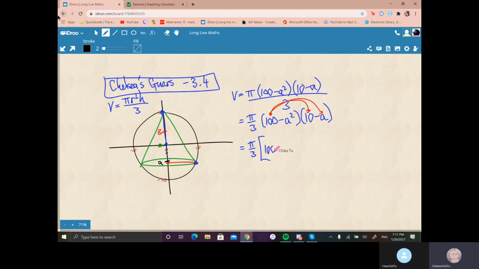This times this, negative 100a. This times this, negative 10a squared. And then this times this, plus a to the power of 3. Okay, Chelsea?